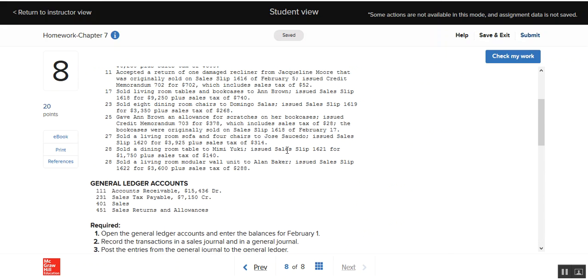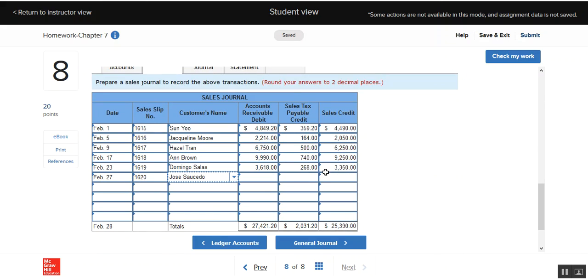And let's see, the sales slip was $3,925 plus sales tax of $314. So the total of those two added together, $4,239.